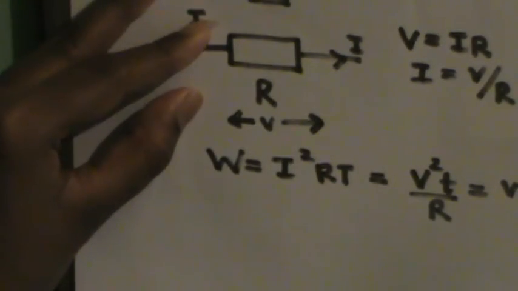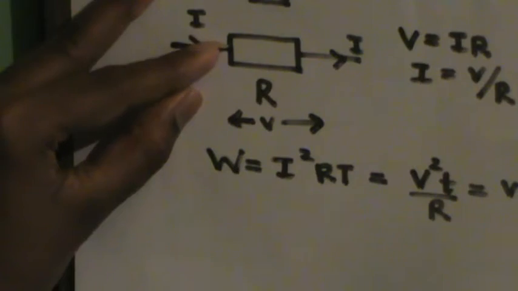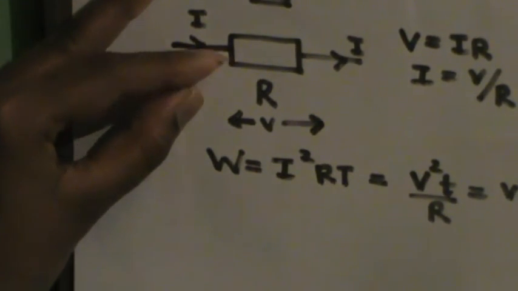if some heat is generated through this appliance, assuming that there is no heat loss to the environment, you can say that the total energy or the total work done is used to generate heat, right?